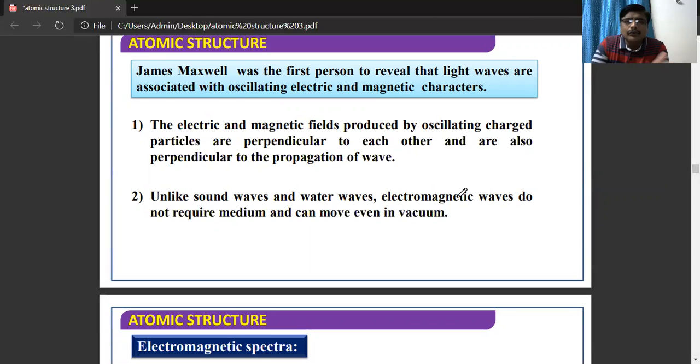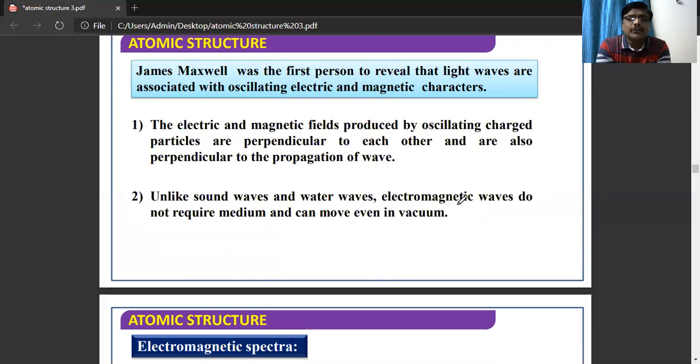These electric and magnetic fields produced by the charged particle are perpendicular to each other. The electric field is perpendicular to the magnetic field and vice versa.